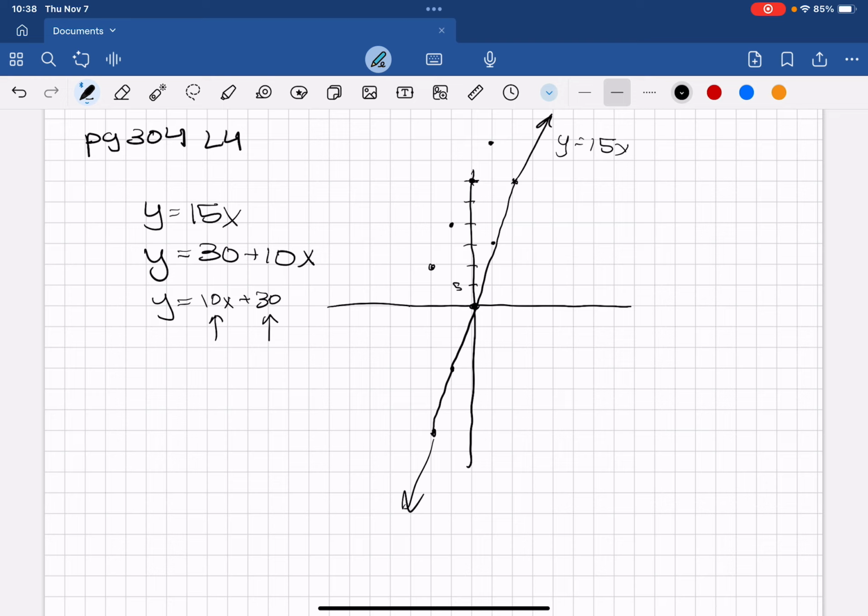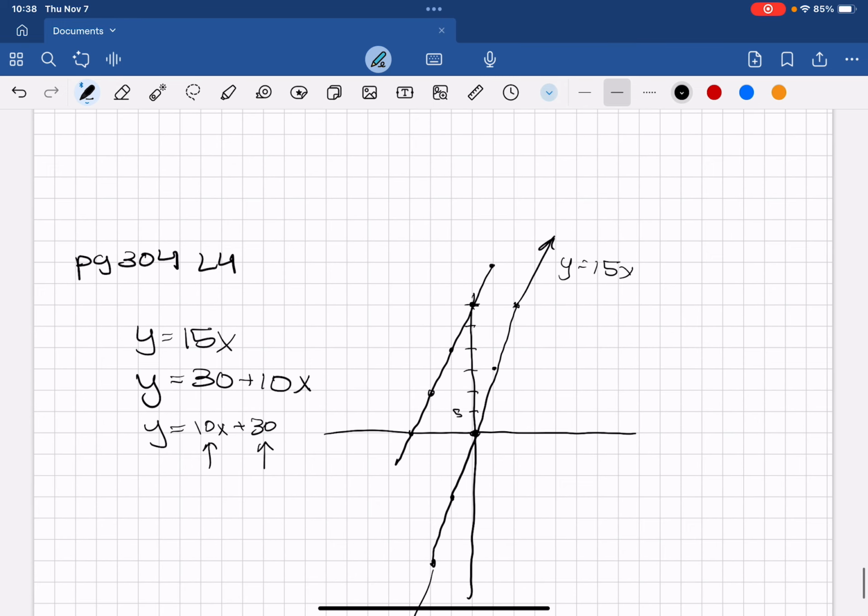So if we continued these graphs, this one would go like this, and this one would go like that.